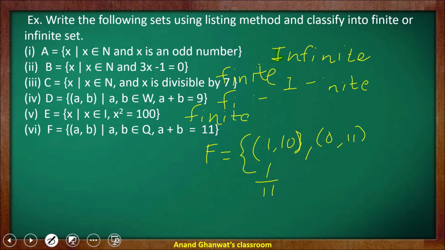1 upon 11 plus 120 upon 11 becomes 121 upon 11, that is equal to 11. Now we can take a lot of pairs whose addition is 11.